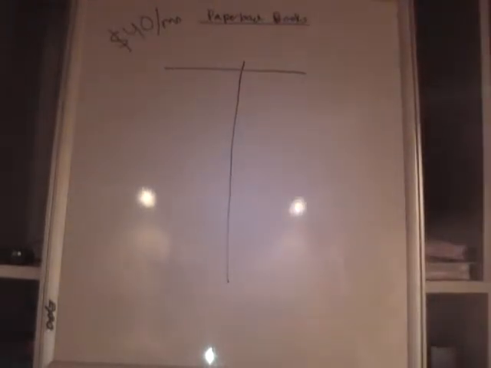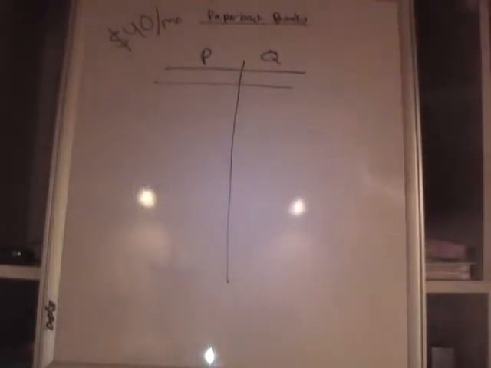Alright, let's say that your average consumer, and let's call him Fred, has $40 a month to spend on paperback books. So, if the price of paperback books, the price of the paperback books and the quantity that he is going to buy, and we're going to do this by the month.